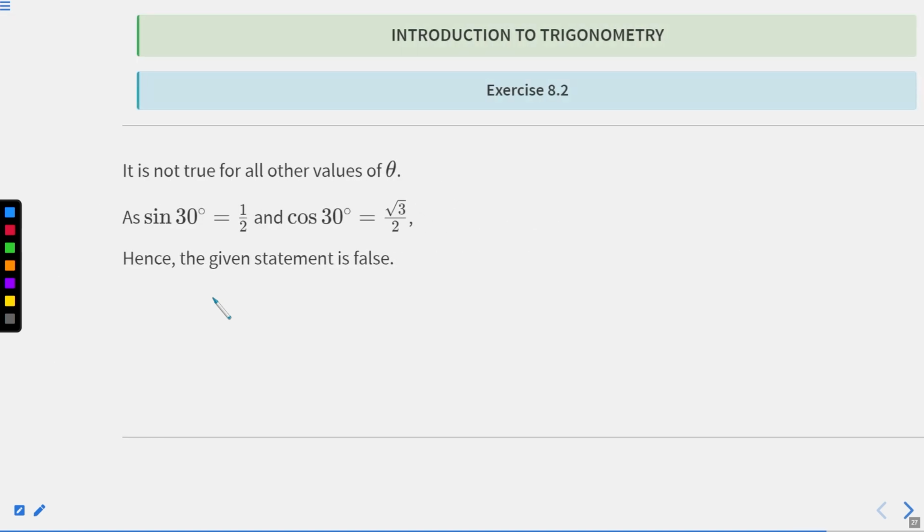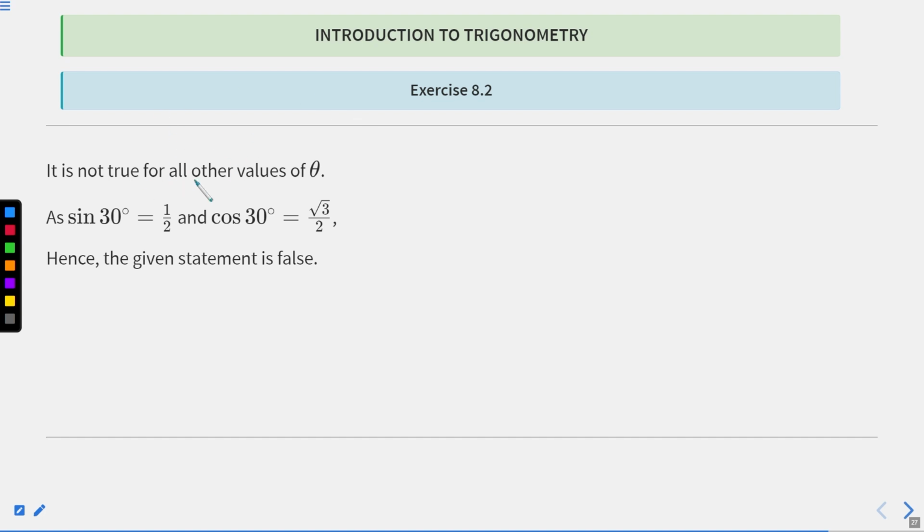But it is not true for all other values. You can take theta equal to 30 degree, then sin 30 degree is equal to 1 by 2, but cos 30 degree is equal to root 3 by 2. So for any other value except theta equal to 45 degrees, sin theta does not equal cos theta. Hence the given statement is false.